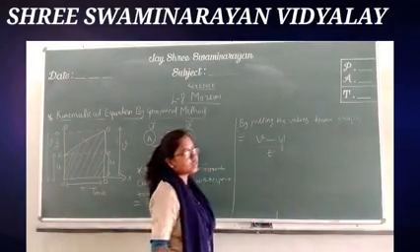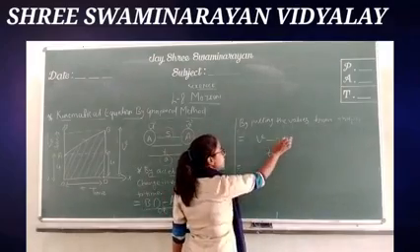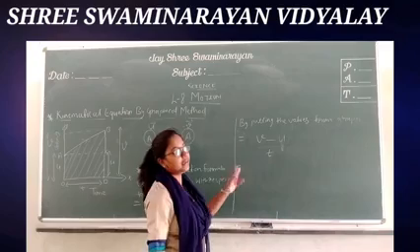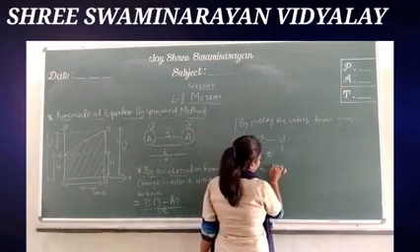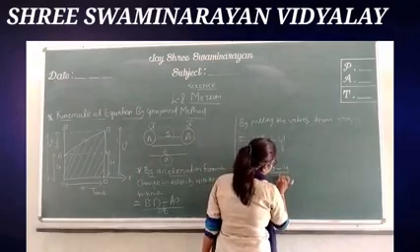And you know, students, that final velocity minus initial velocity by time is nothing but the acceleration. So acceleration is v minus u by t.